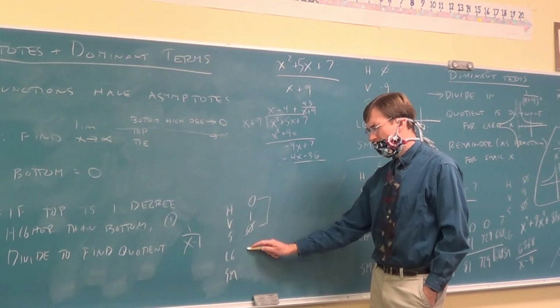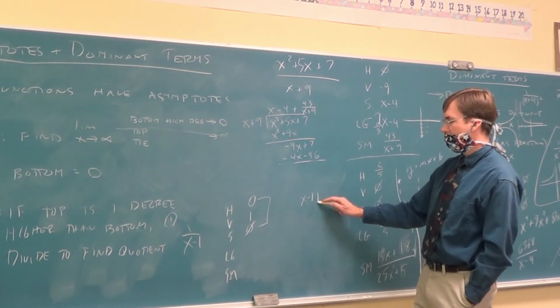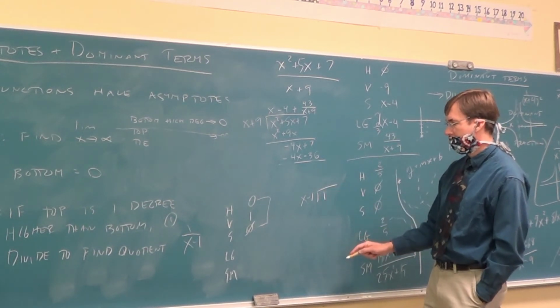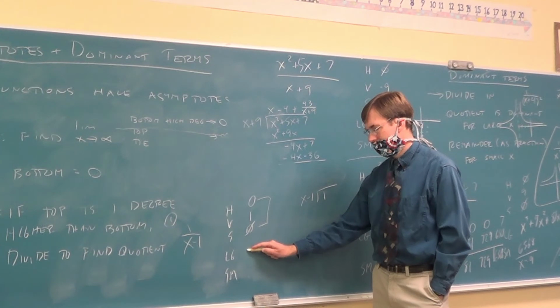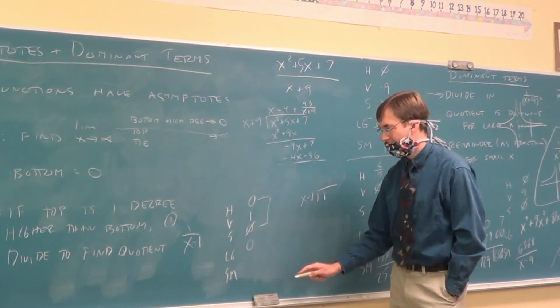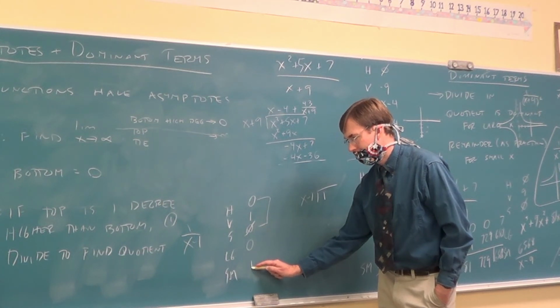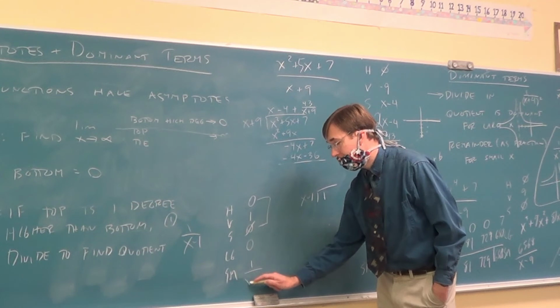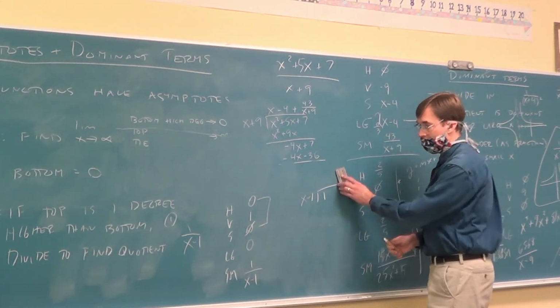To do the large dominant term, we'd have to try to divide, and on this it's bizarre. If you try to take the bottom into the top, that goes in 0 times, and everything is the remainder. So that sort of starts off weird.